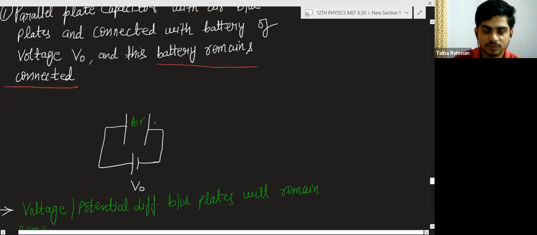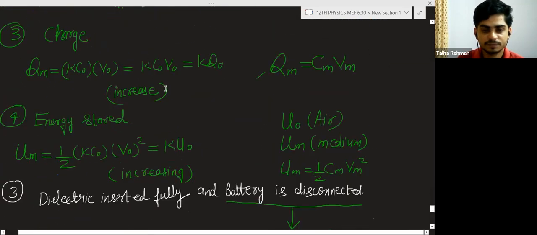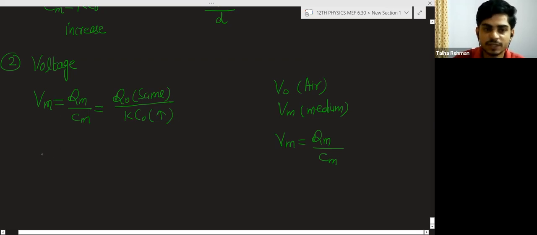So the charge will remain the same, Q naught. But what about the capacitance? K times C naught, this will increase. So please tell me, will Vm increase or decrease?